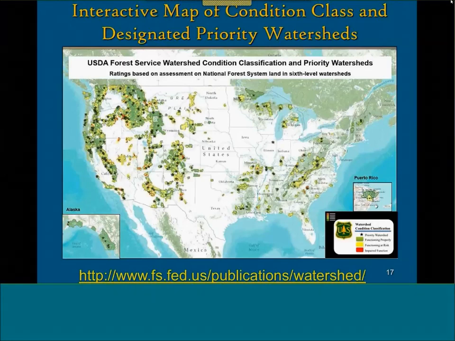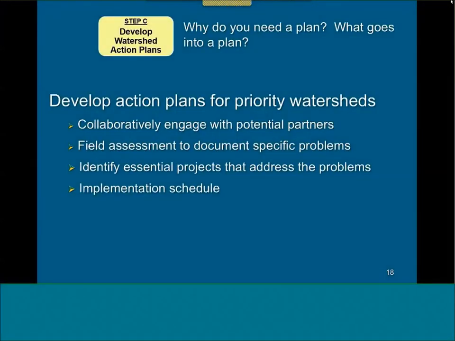And so once we figure out where we're going to do the work, we have to think about what work needs to be done. So we develop a watershed restoration action plan. Again, we reach out to partners. We take a look at a lot of the data that we have, and this is an excellent point of being able to map out, on the different hubs, exactly what areas are impaired and what areas are doing well using those 12 indicators.